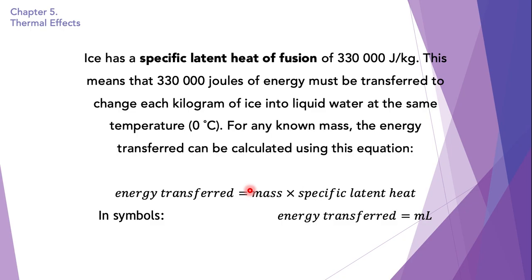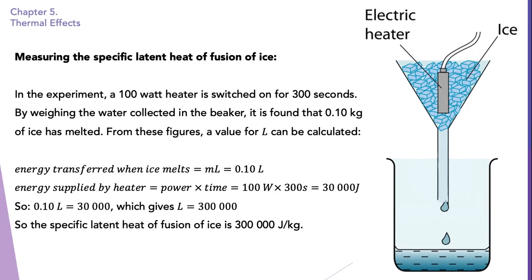So let's do a question over here. You can see we're going to measure the specific latent heat of fusion of ice here. As you can see, we have a funnel over here and a beaker. There is ice in this funnel. We also have an electric heater inside this ice, so the ice is being melted by the heater.